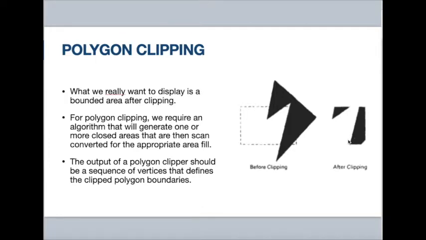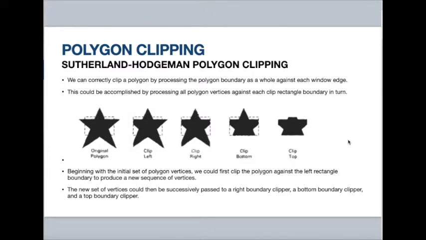We are going to see two algorithms that are used for polygon clipping. First one is the Sutherland-Hodgman polygon clipping algorithm, and the second one is the Weiler-Atherton polygon clipping algorithm.